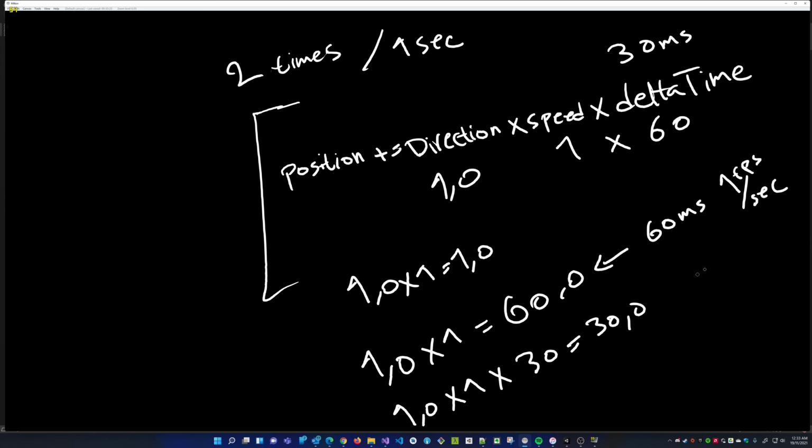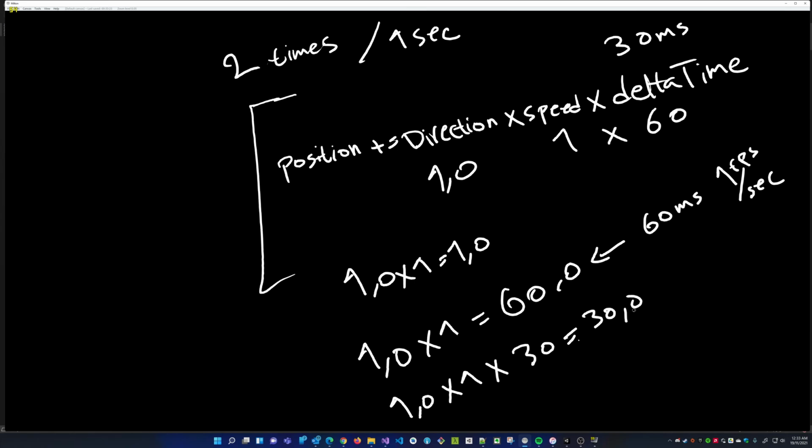Okay? Now, my frame rate increased. It is taking 30 milliseconds to render 1 frame, which means now I'm running at 2 FPS, right?